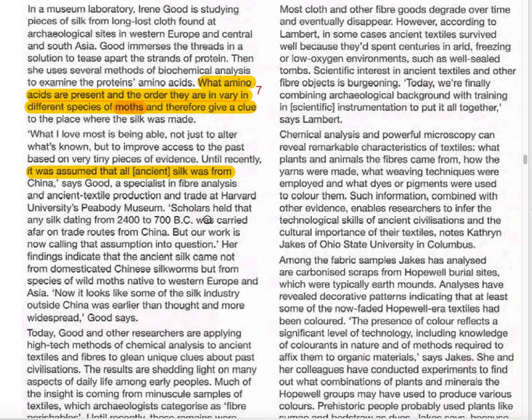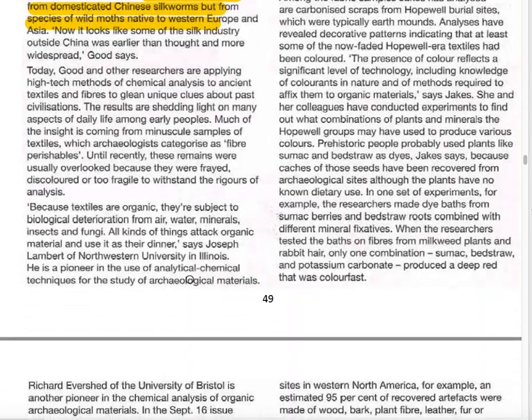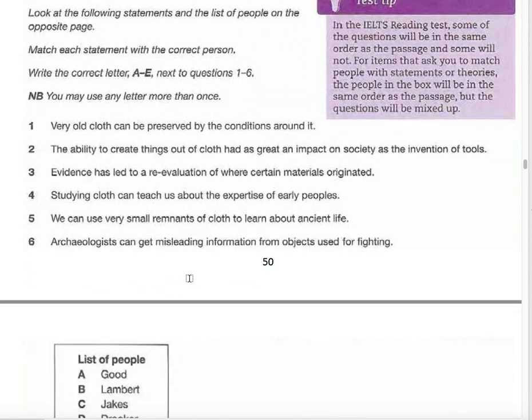But our work is now calling that assumption into question. It says that her research is showing that ancient silk came not from domesticated Chinese silkworms, but from other species of wild moths in Western Europe. Okay, so that sounds exactly like evidence has led to a reevaluation of where certain materials came from.